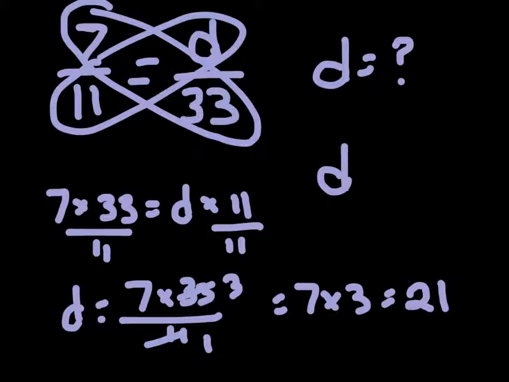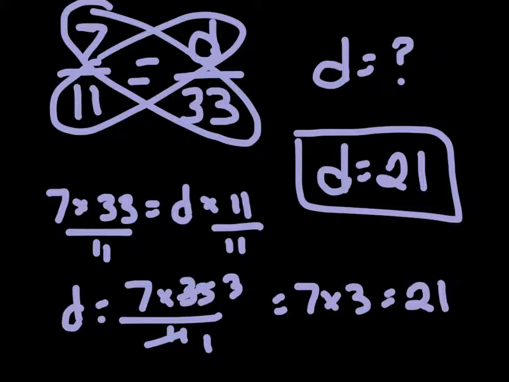So we found out that the value of D is equal to 21. This is how proportions can be very useful. You can find the value of an unknown given 3 values. So actually you have to be given 3 values to find the value of that one unknown. Let's do a sample question, and we'll call it a day after that.